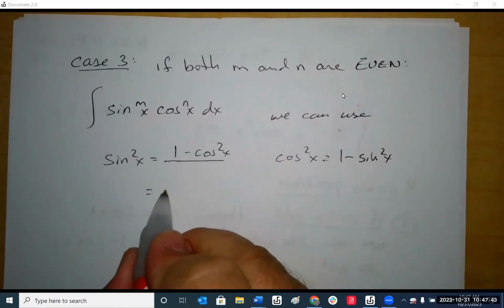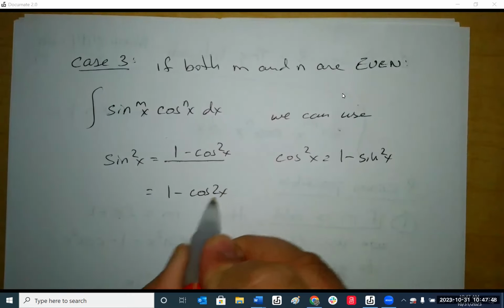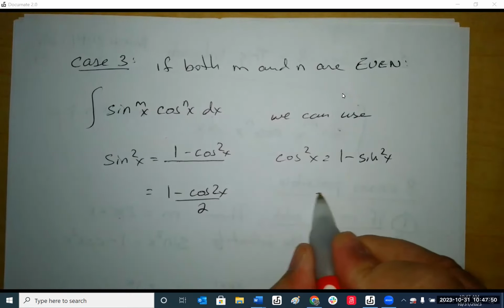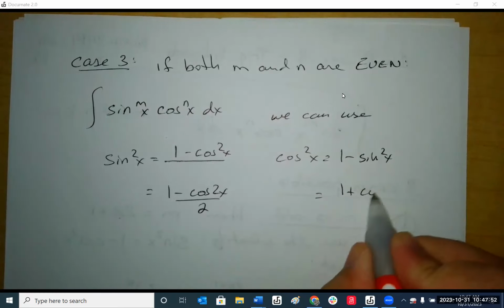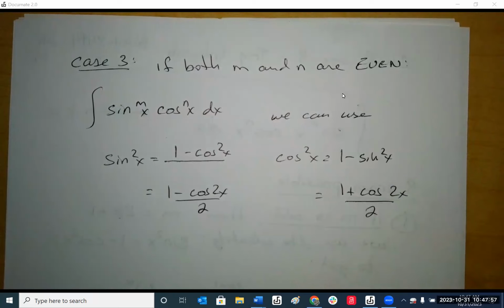And with our identities, we can have 1 minus cosine 2x over 2, and this is 1 plus cosine 2x over 2.